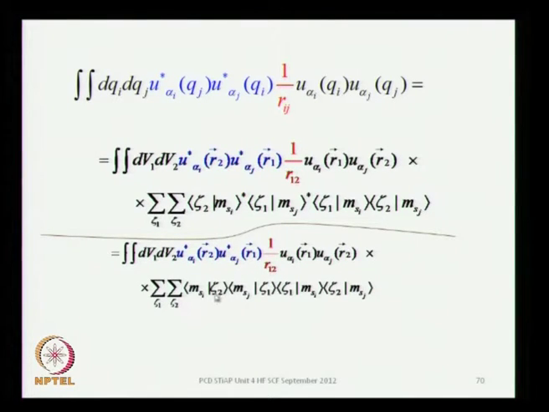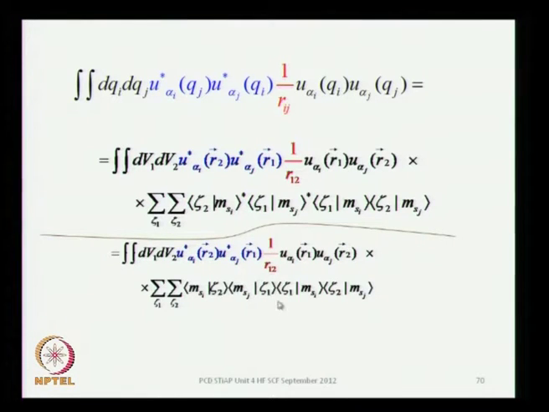This is the complex conjugate of the first term, this is the complex conjugate of the second term, these two terms appear as they are, and now you carry out the summation over zeta 1 and zeta 2 separately. So, zeta 1 is already here, and if you carry out the summation over zeta 1, what do you see emerging? This is MSJ MSI. So, that will give you the Kronecker delta MSI MSJ.